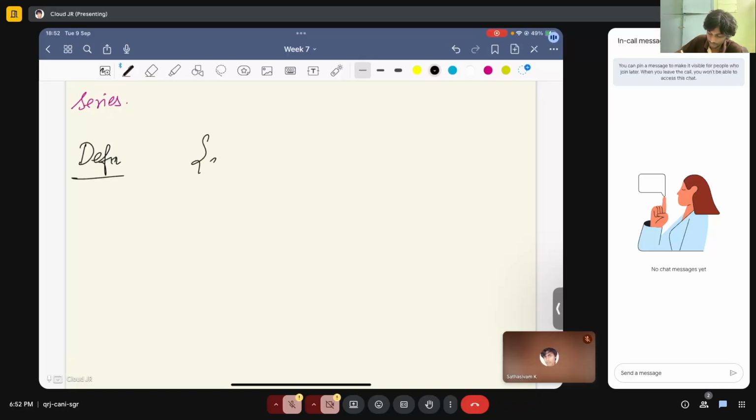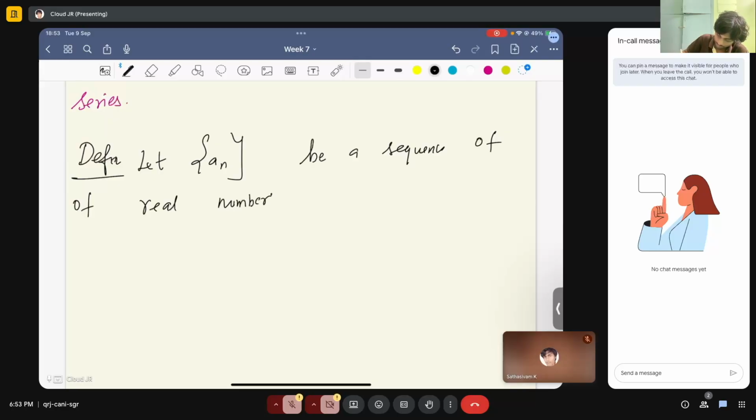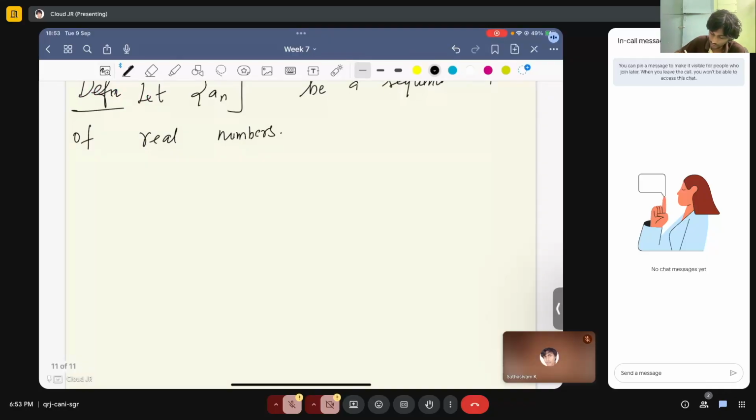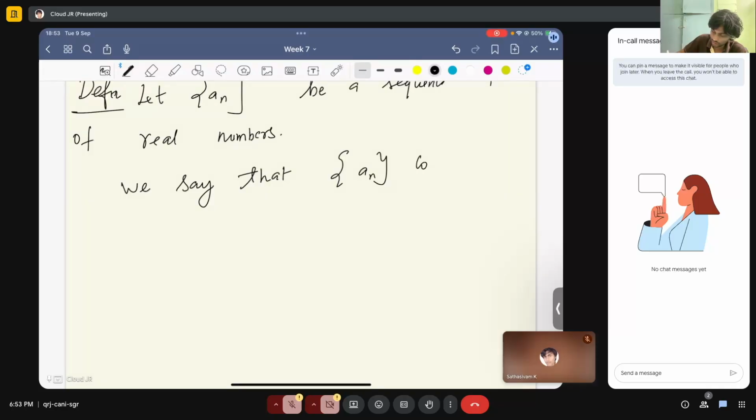Let's say a_n is a sequence of real numbers. We say that the sequence a_n converges to another real number a. Sometimes, instead of writing converges, people say a_n tends to a.